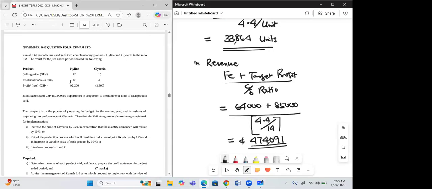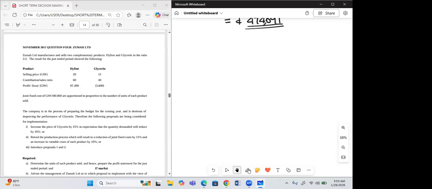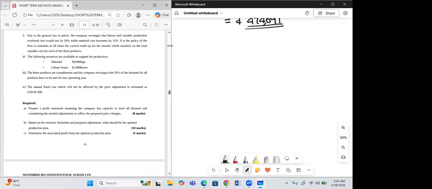Look at November 2017, Zuma Limited. It's a multiple product CVP.